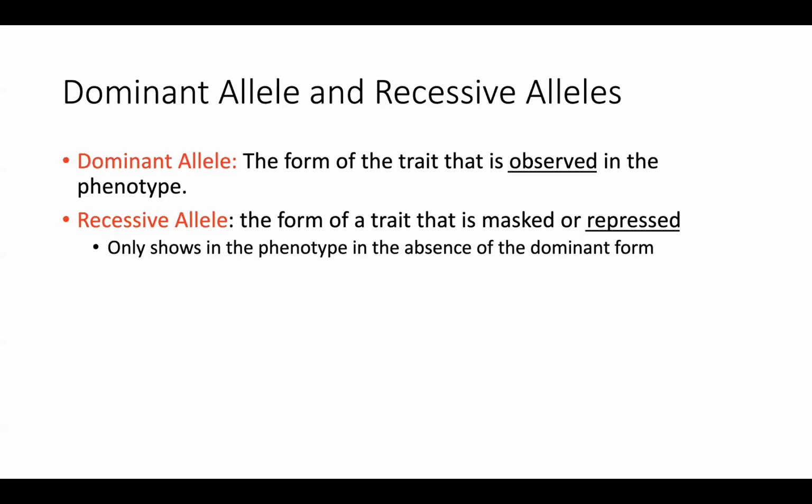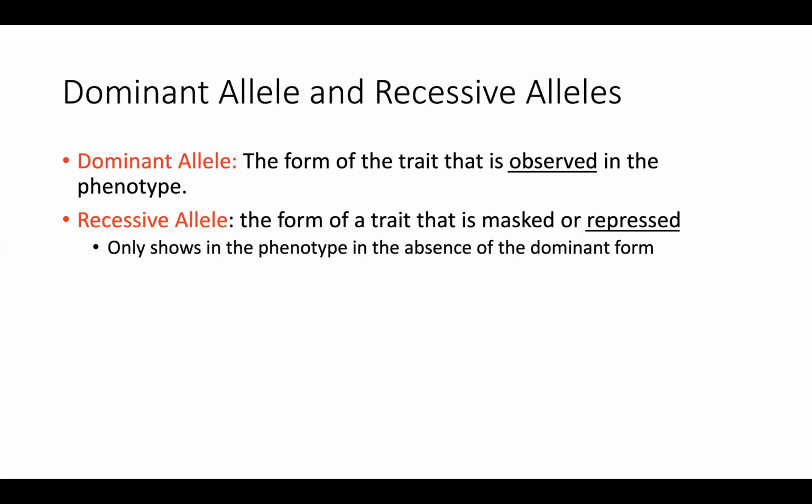So you inherit two copies of this allele. One's brown, one is blue. So you're going to physically have either brown eyes or blue eyes. If you have brown eyes, then we can assume that the dominant allele in that pair was brown and the recessive allele in that pair was blue. Okay, so that trait, the blue eyes, that form of the allele is going to be repressed or sort of overshadowed.